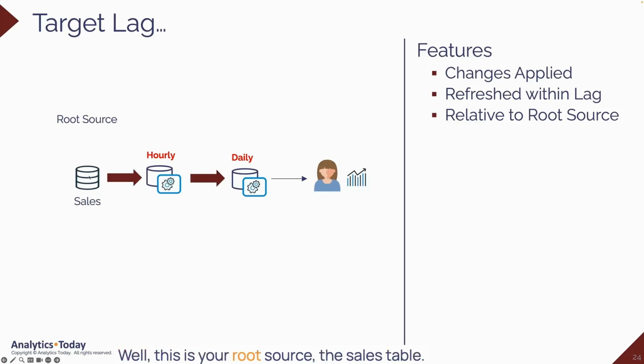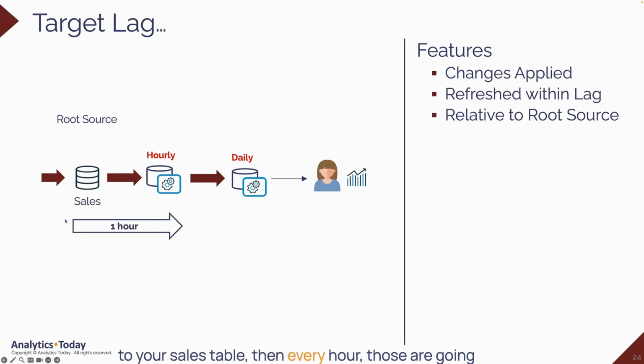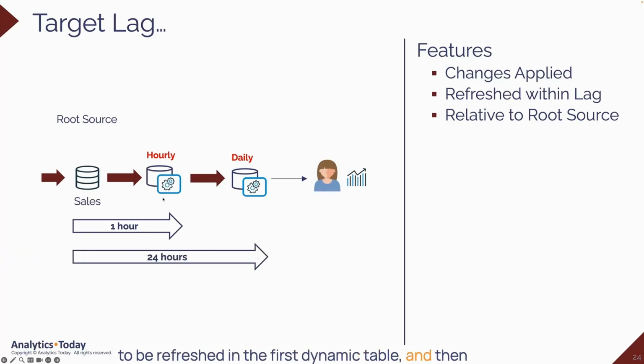Well, this is your root source, the sales table, and in here we've got two dynamic tables in a pipeline, one updated hourly, one refreshed daily. You have changes coming in to your sales table, then every hour those are going to be refreshed in the first dynamic table, and then every day they're going to be refreshed in this table. But keep in mind that's always based upon the time since the root changed.